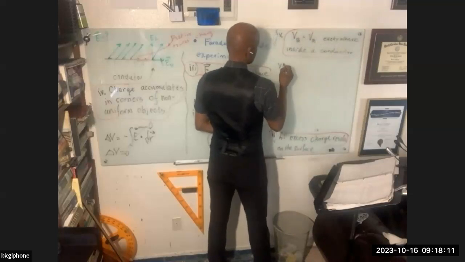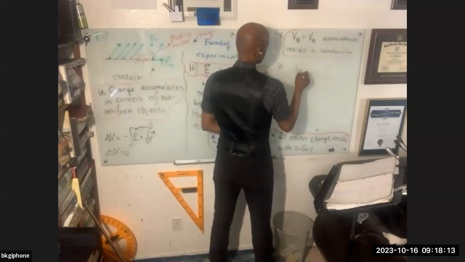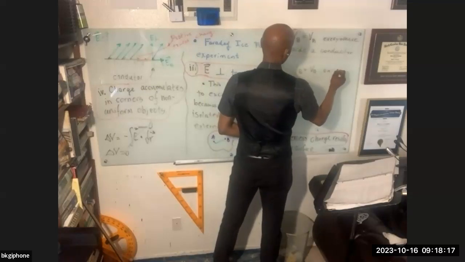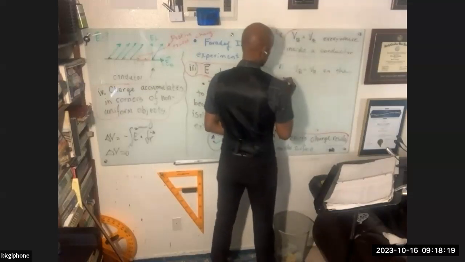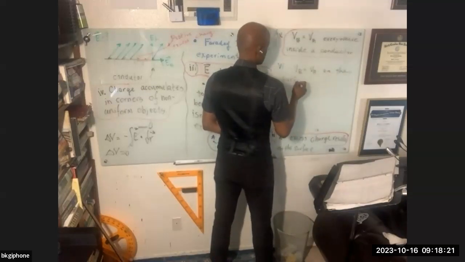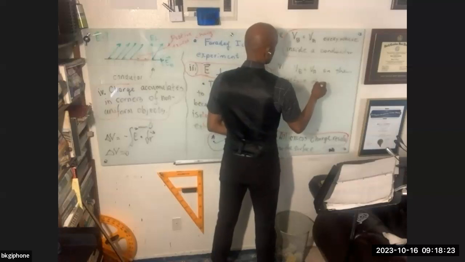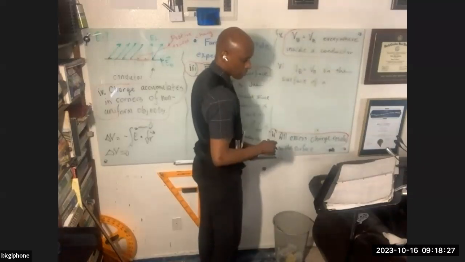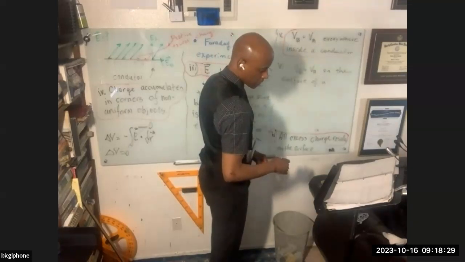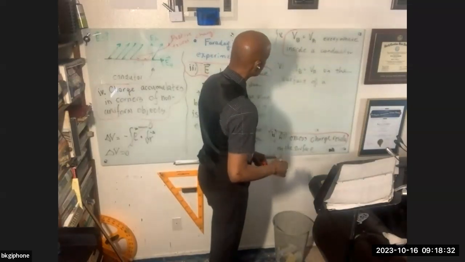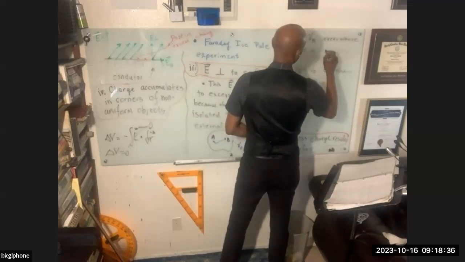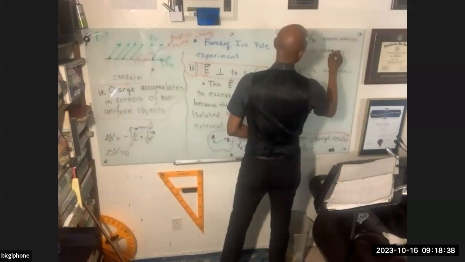And then similarly, VB equals VA on the surface. And again, this is an isolated conductor we're talking about, a charged isolated conductor.